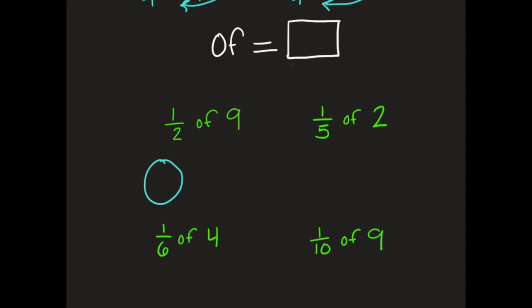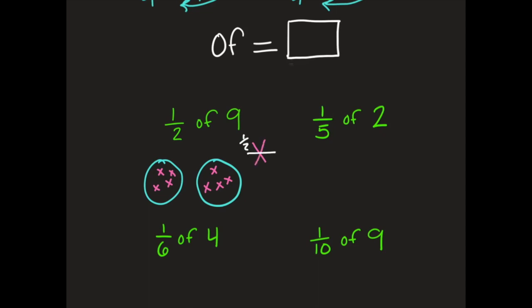I'm going to draw 2 circles just to show you how this ends up working here. Okay, so I have 1, 2, 3, 4, 5, 6, 7, and 8. So right now I have 4 in each, but I have 1 left over. So what I'm going to do is take that 1 left over and divide it in half.